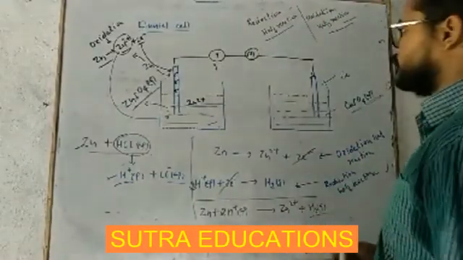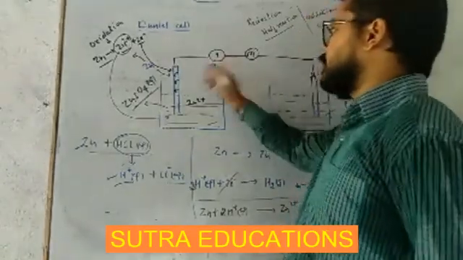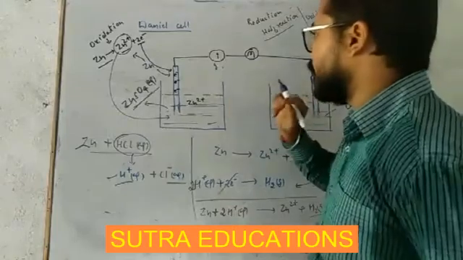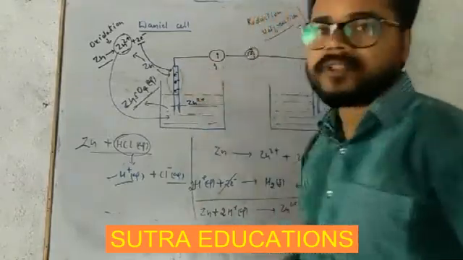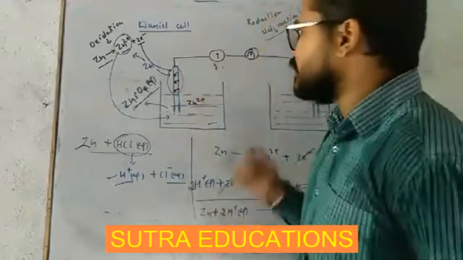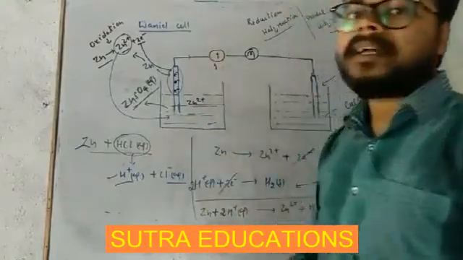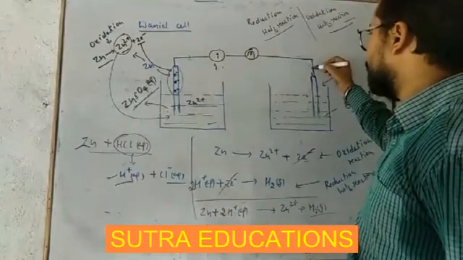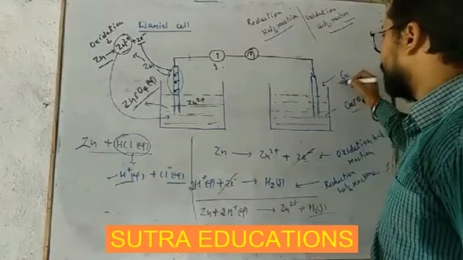So when we connected these two, the zinc rod and copper rod, through a metallic wire, what happened? These electrons which were in excess on this zinc rod started traveling through the metallic wire onto this copper rod.